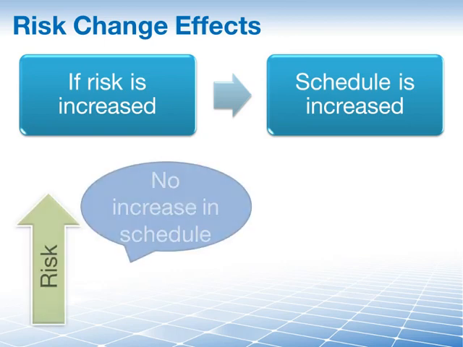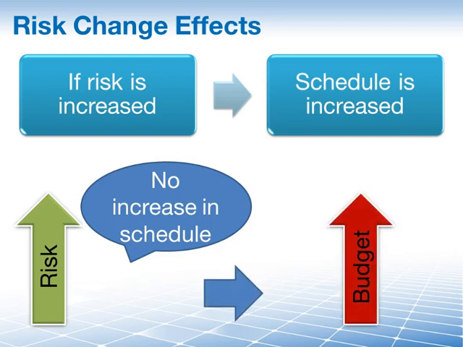If, however, you say, well, yeah, the risk has gone up, but there's no way that we can in fact increase our schedule, well, that's going to mean that you have to bring in new people, new resources to deal with this problem. And that means you're going to have to jack up your budget so that you can hire these people, so that these people can deal with that unknown risk that suddenly appeared on your project.